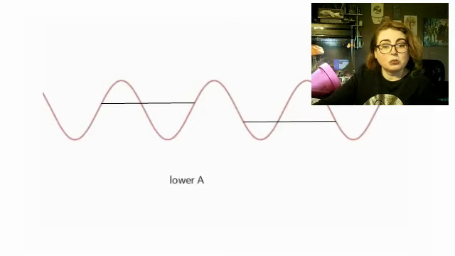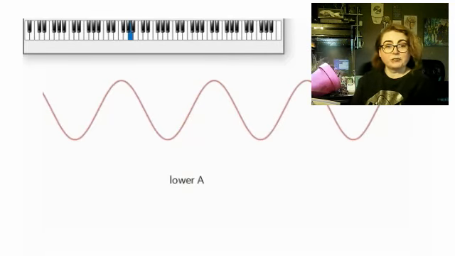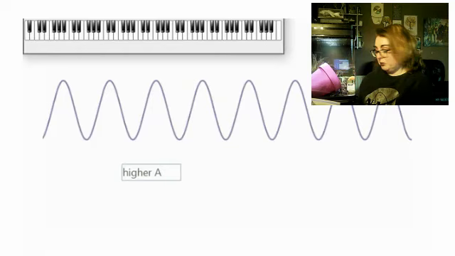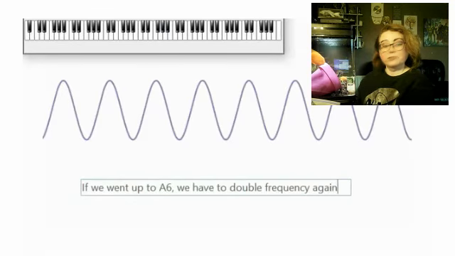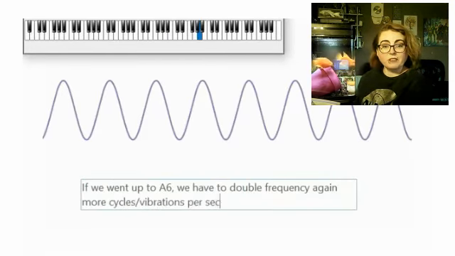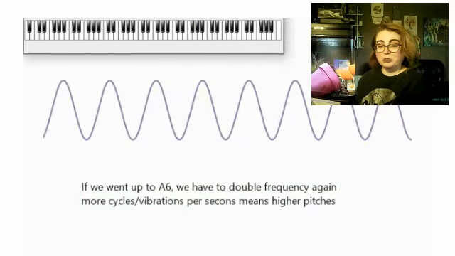So take that away. So if this was a lower A, then the higher one has more squiggles, and if we went up again, you get more cycles per second. It doubles each time.